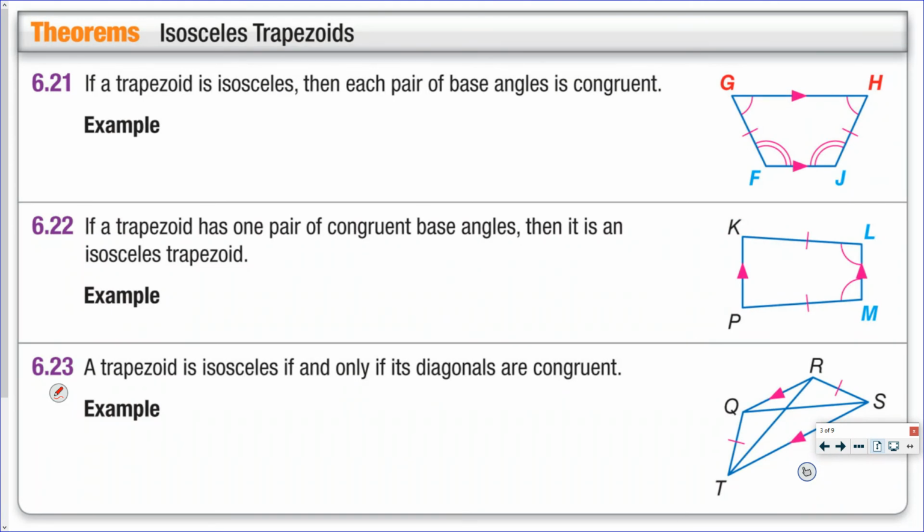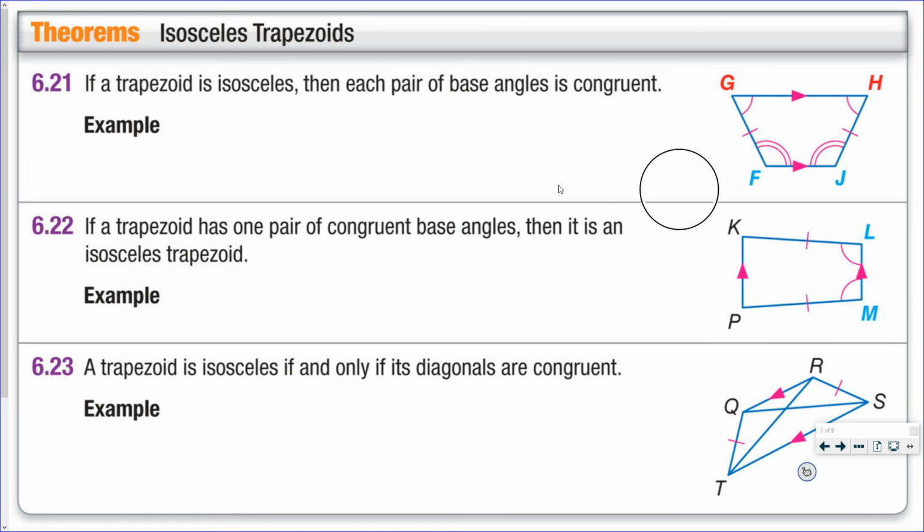First characteristic of an isosceles trapezoid. Kind of like the isosceles triangle theorem. If these two sides are congruent, then their opposite angles are also congruent, right? Or vice versa, we can use that in the converse: if these two angles are congruent, the two sides across from them are going to be the same length, aka it's going to be an isosceles triangle.